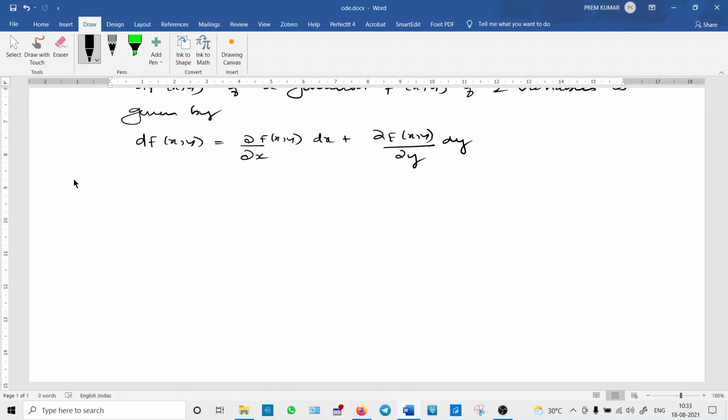Now the definition. What is the definition of an exact differential equation? We are going to see. Exact differential equation. So what is an exact differential equation?